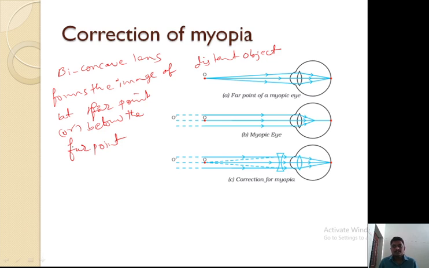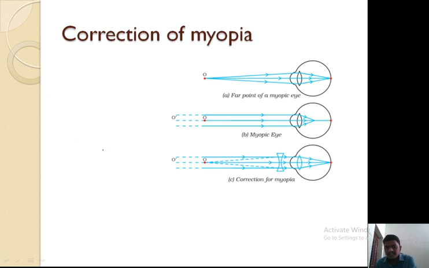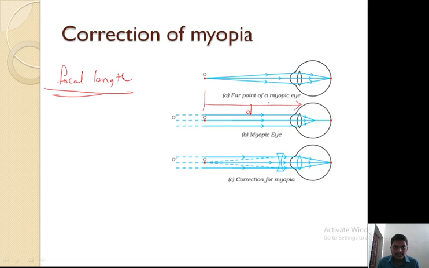Okay, right. And we'll find an expression for the focal length of this biconcave lens. What is the required focal length? What is this distance? This is the far point. Let us represent it with D. For the biconcave lens, the object is at infinity.